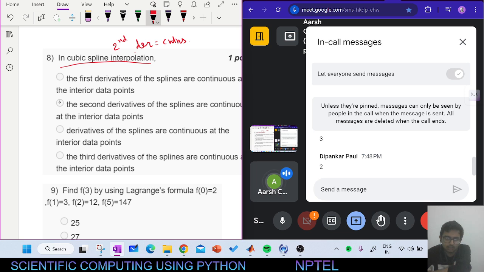Because the first derivative is the integration of this function, and any integral of a continuous function is going to be continuous. So this is correct. Second derivatives are continuous. This is given in the lecture. Okay. Derivatives of the splines are continuous at interior data points.